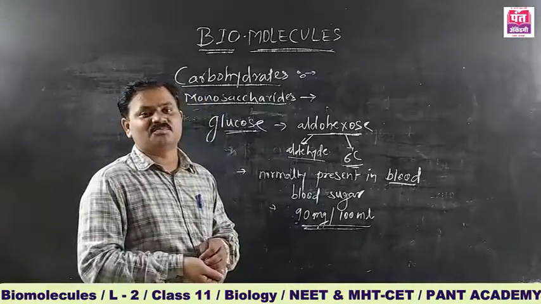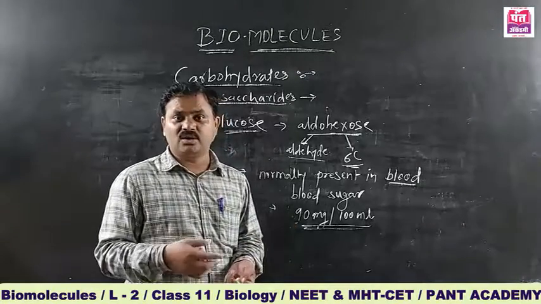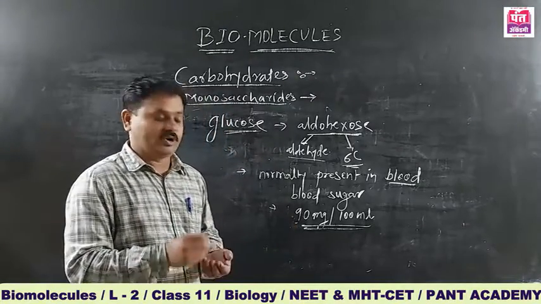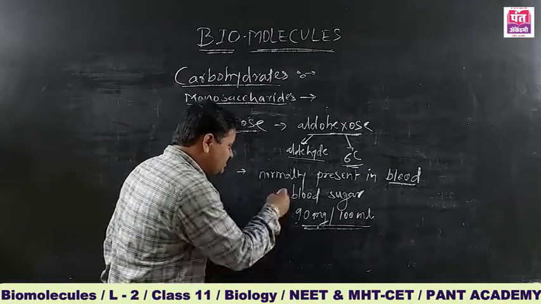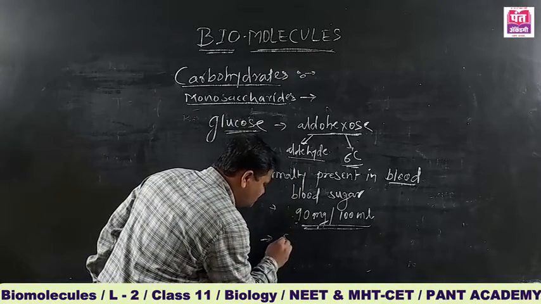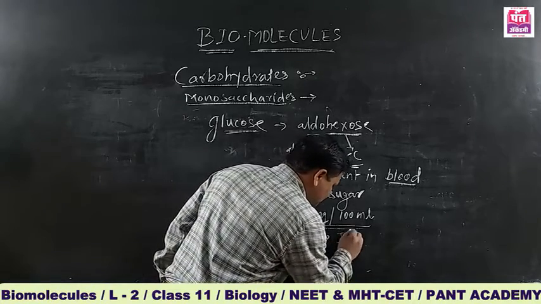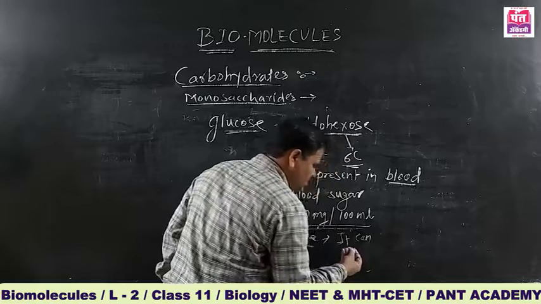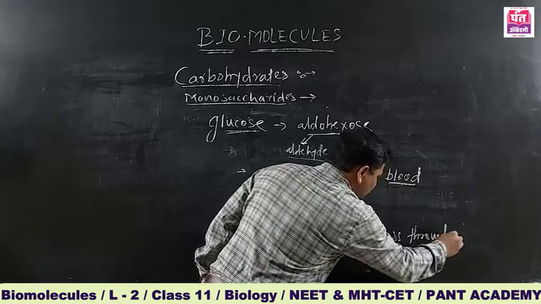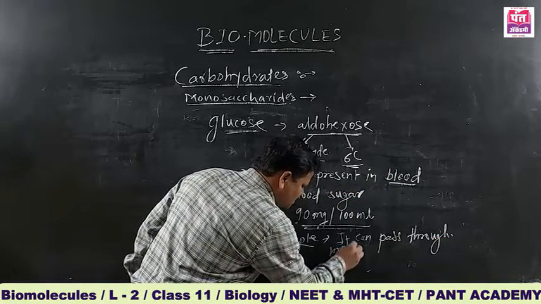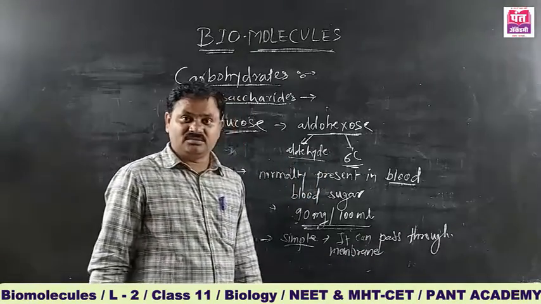If it increases, it may cause different kinds of physiological changes, or if it decreases, it also has many different adverse effects on the body. So what is the importance of this monosugar? It is very simple. Glucose is a very simple monosugar, and therefore it can pass through the membrane of a cell.